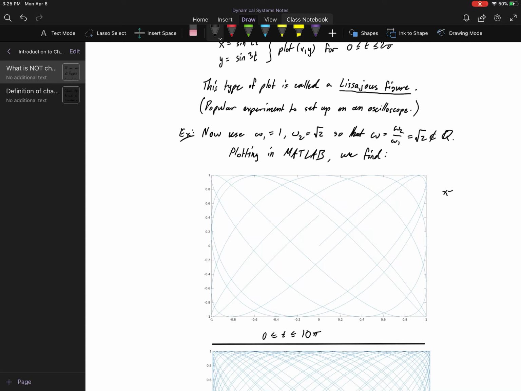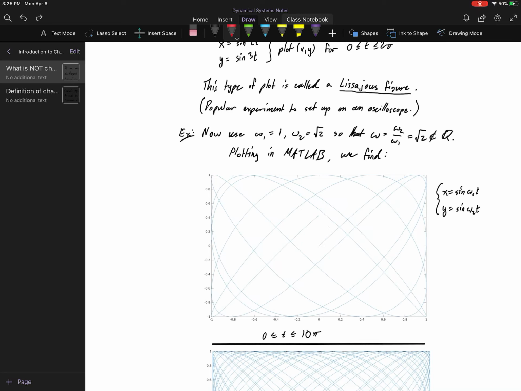But if I have an irrational slope, and I start plotting this, I try to create the same thing. So it's still x equals sine of omega 1 t, and then y is sine of omega 2 t. And I'm just plotting this for certain time intervals.